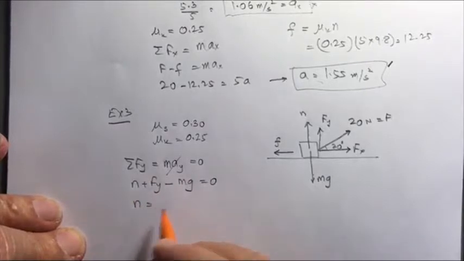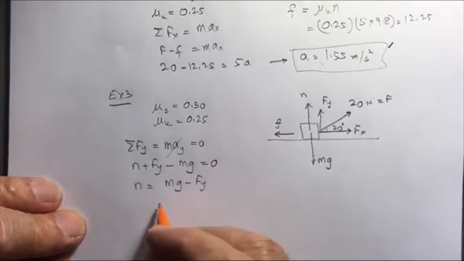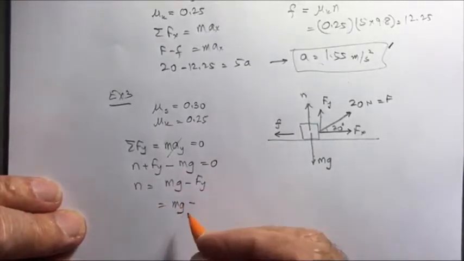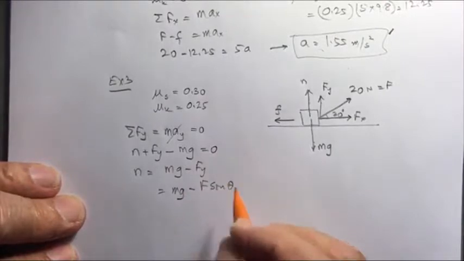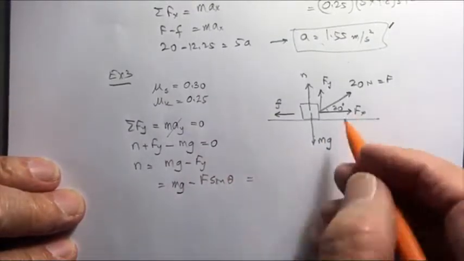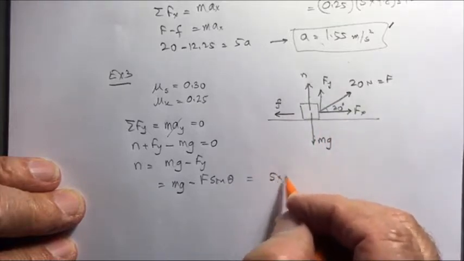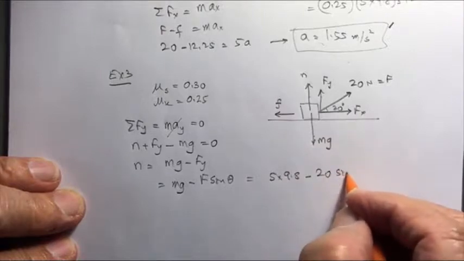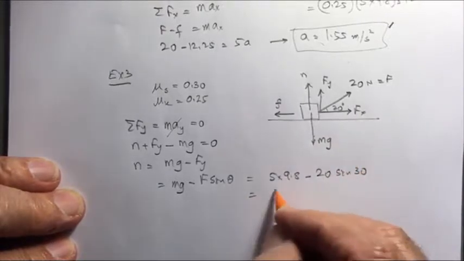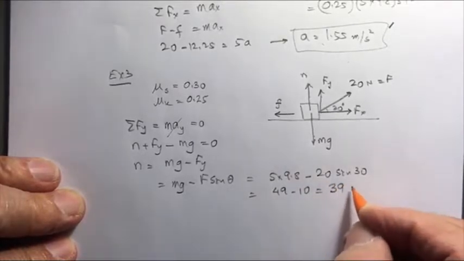And therefore the normal force is mg minus Fy, which is mg minus F sine theta. If the mass is still 5 kilograms, that's 5 times 9.8 minus 20 sine 30, so this is 49 minus 10, that is 39 newtons.